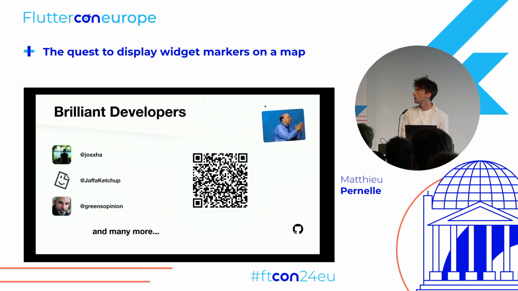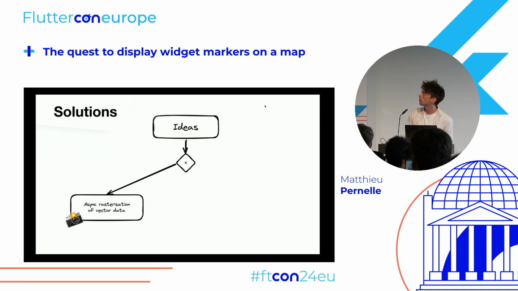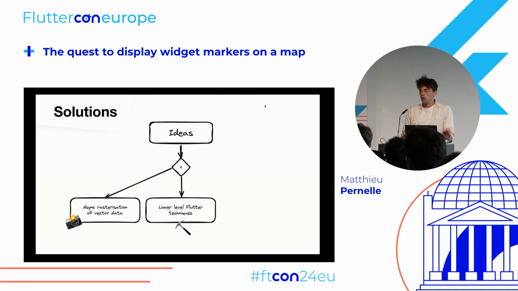But the 3 main ways to solve this problem are first, doing async rasterization of the vector data in a separate thread. This is complicated, and right now there is a Flutter limitation, but past this limitation, this could be a solution. Currently, the vector tile package is using custom painter and path objects, and maybe with the usage of lower level APIs like draw vertices, we could solve all the performance issues.